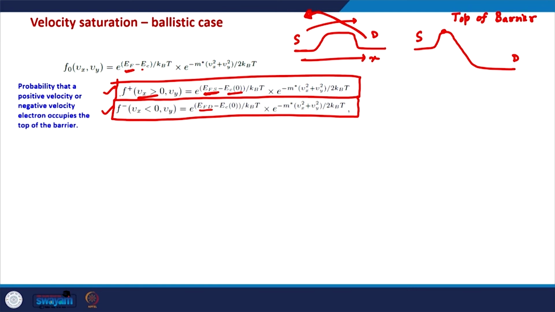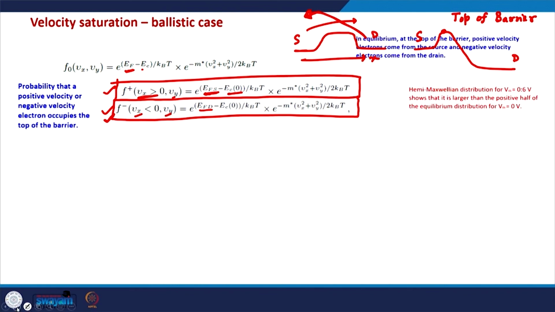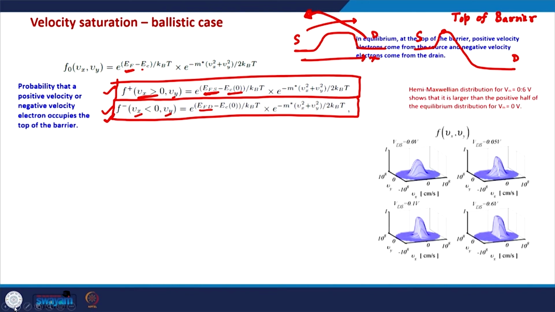So this will be the probability that an electron with velocity Vx and Vy is traveling in positive x direction, and this will be the probability that an electron is traveling in negative x direction with velocity Vx and Vy. Now let me show you something important here.